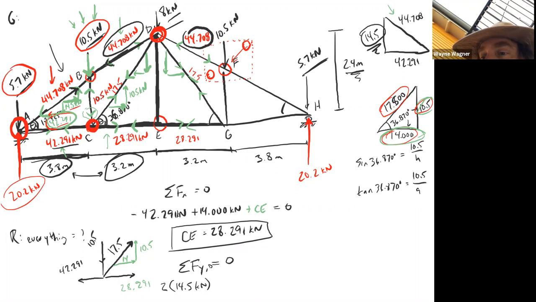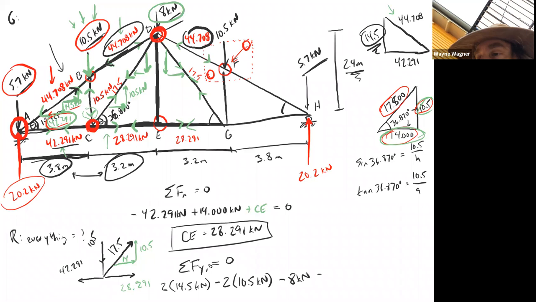We could say minus, because those are going downwards, 2 of those, 10.5 kilonewtons. It looks like it's not going to balance, but we've also got this applied external force, minus 8 kilonewtons. And all of that should go to 0.